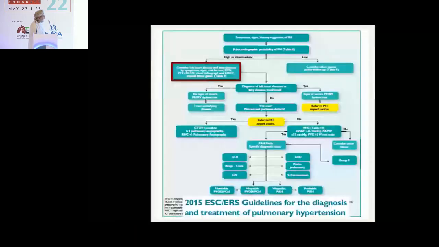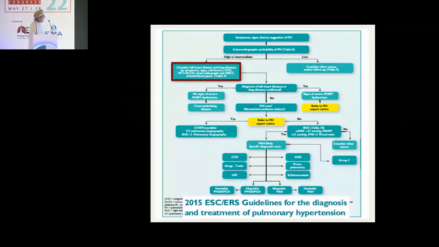Before you move your patient to right heart catheterization, it is very, very important to consider left heart disease or lung disease, because as I said, this is the bulk of pulmonary hypertension. More than 80% of pulmonary hypertension is related to left ventricular dysfunction or to lung diseases.